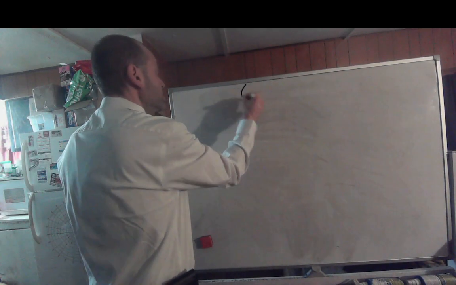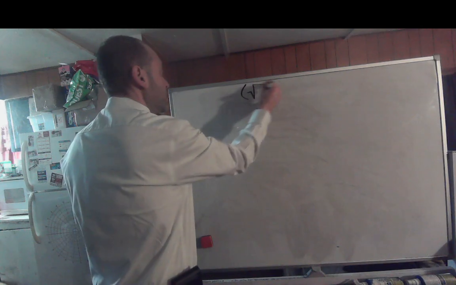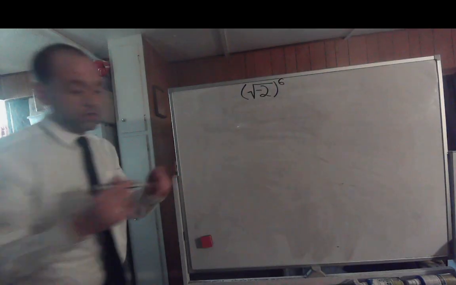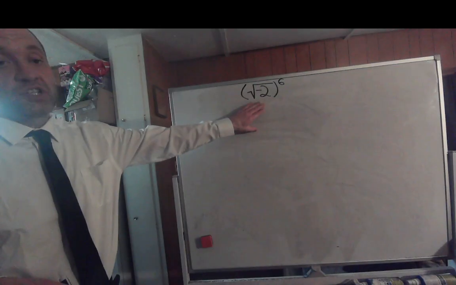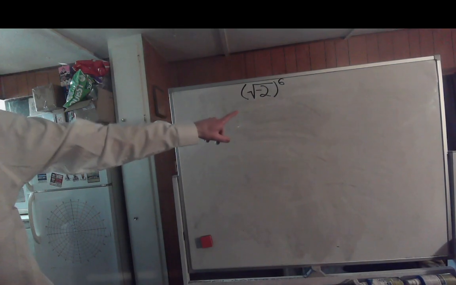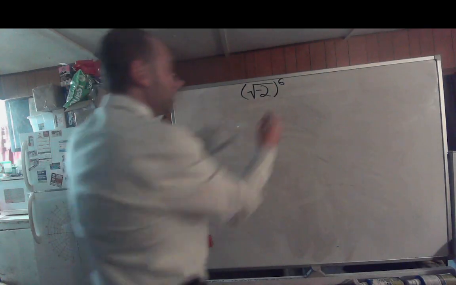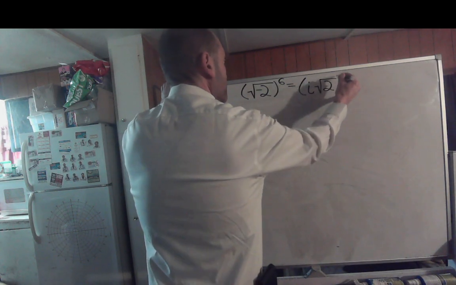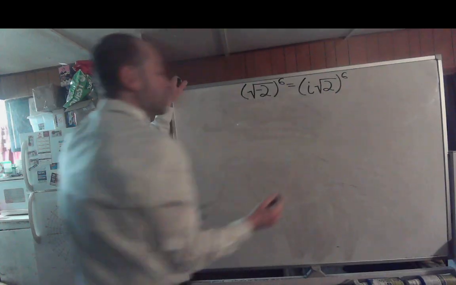All right, now we have the square root of negative 2 raised to the 6th power. Well, what's that the same as? This is going to be the same as i times the square root of 2 raised to the 6th power.